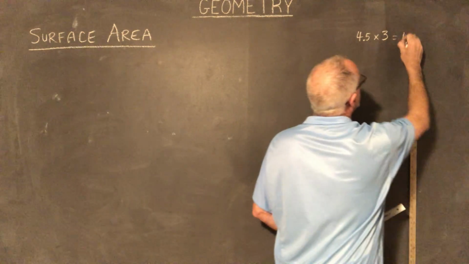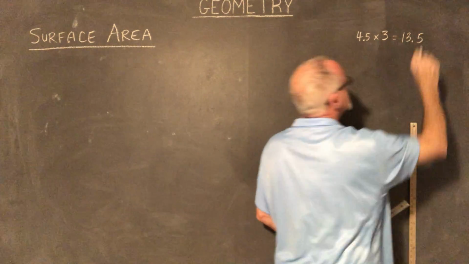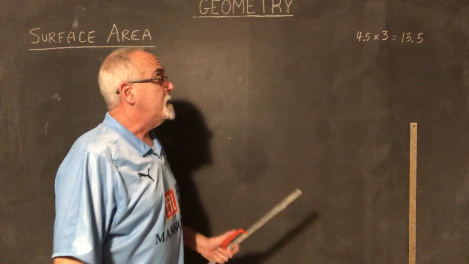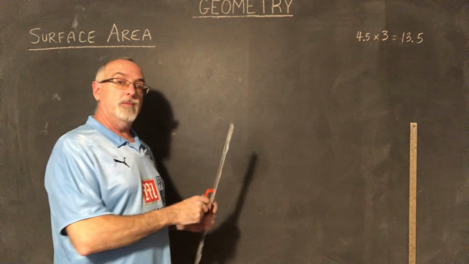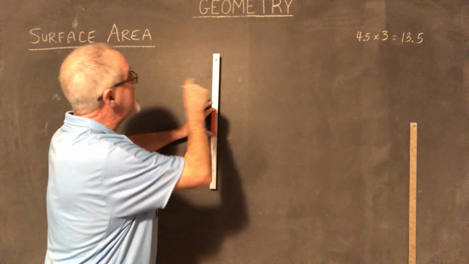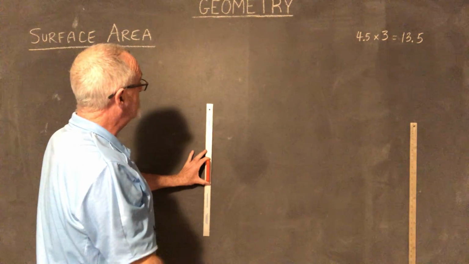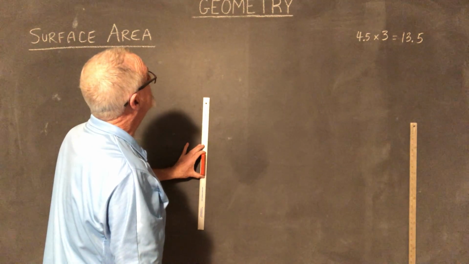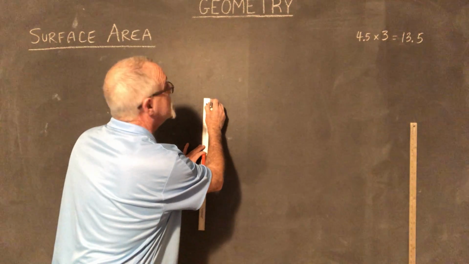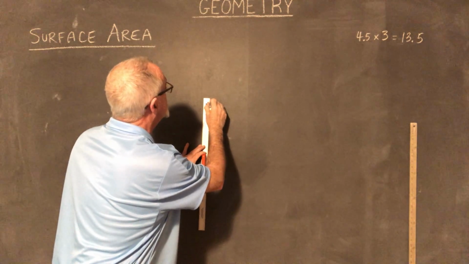Now that's 13.5 inches. Okay, so it's actually bigger than the 12 inch, which is the longest side on the previous drawing. I'm going to try not to put it up too high. I'm going to move it down a little bit. Yeah, everything should fit. So I want to draw a 13.5 inch line.